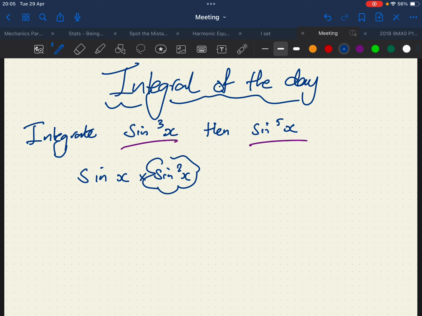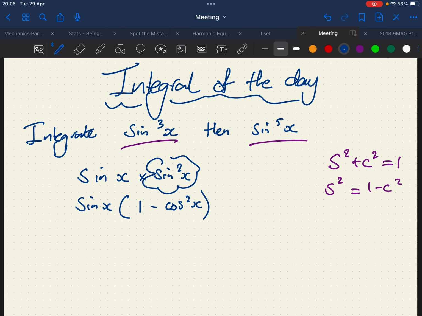Because we've got this piece, we can use our identity. Sine squared plus cos squared is equivalent to 1, which means that sine squared is the same as 1 minus cos squared. So if we put that result in now, we can say sine x multiplied by 1 minus cos squared x.